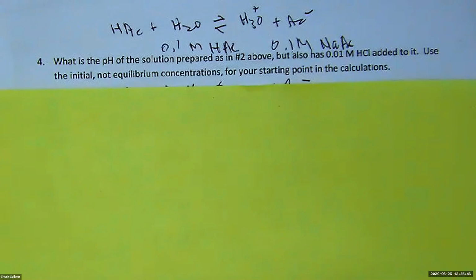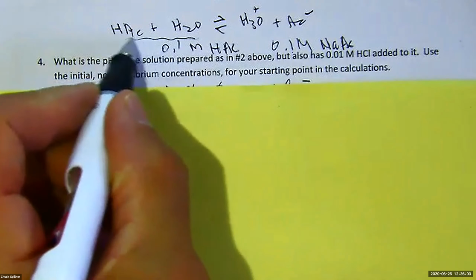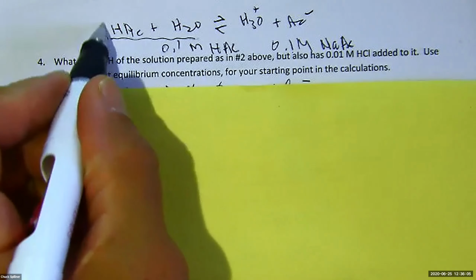Remember previously in the PowerPoint, when we were talking about acid and base strengths, we said the equilibrium lies on the side of the weak acid and the weak base. So the side of the weak acid and the weak base is over here. That's where the equilibrium lies.